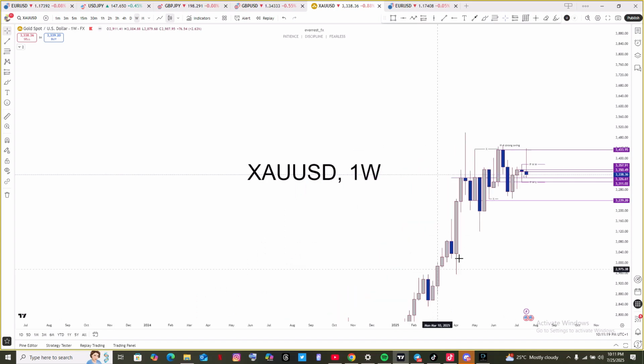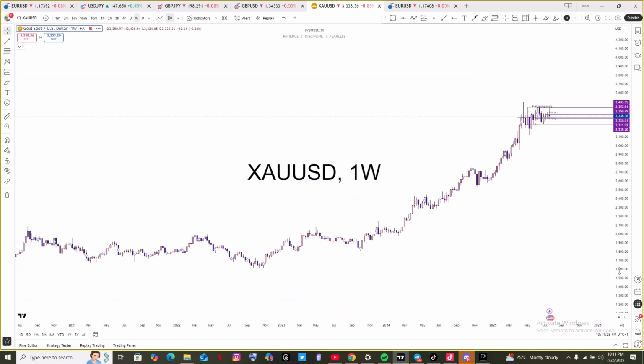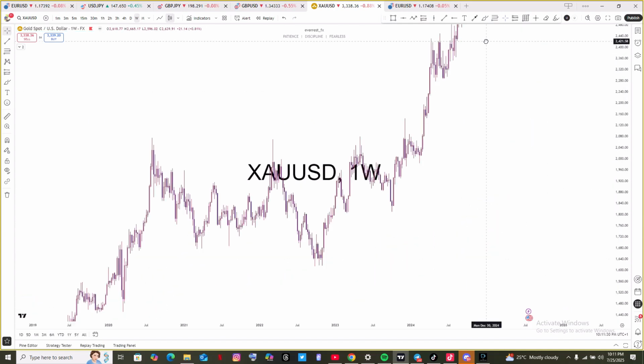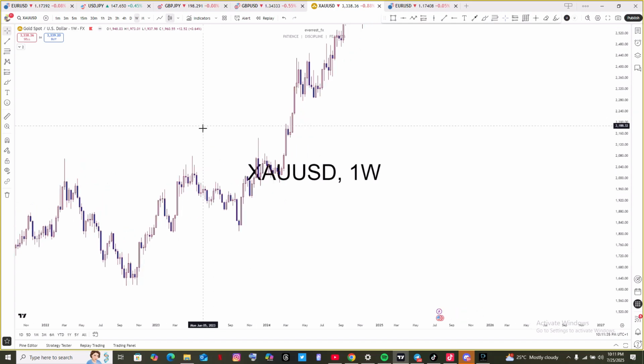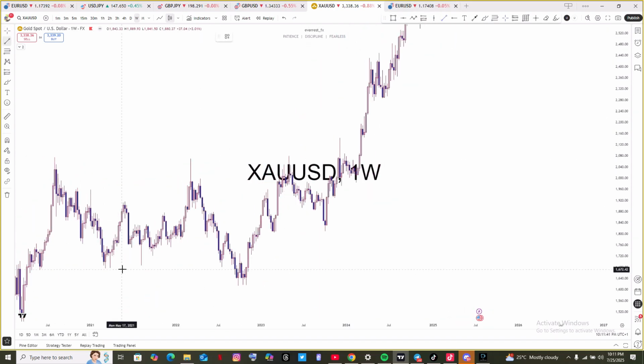So our overall trend on gold is bullish. Straight high without much retracement, except that we have a break here. This is a break.